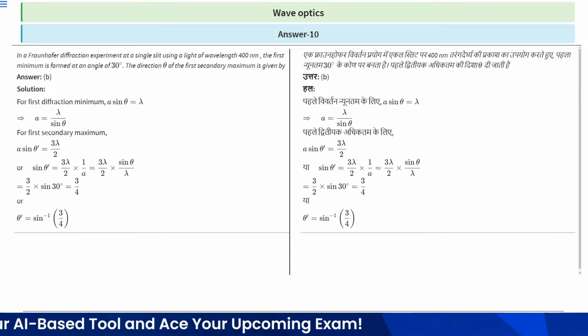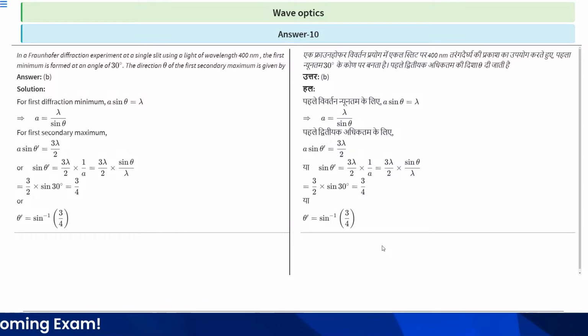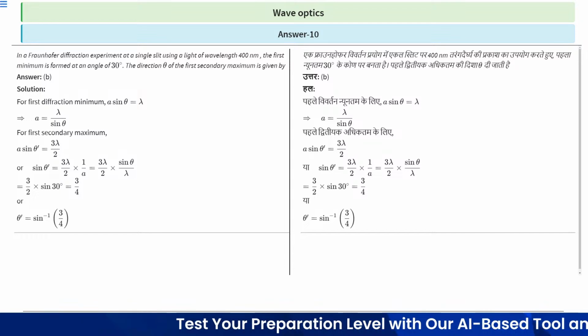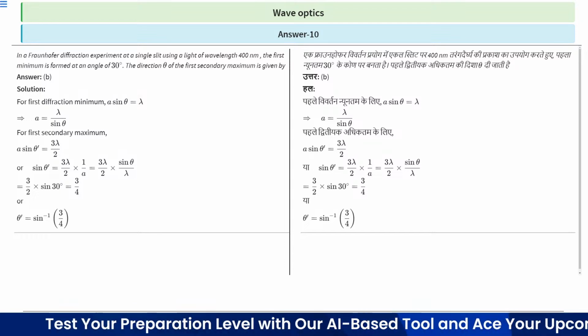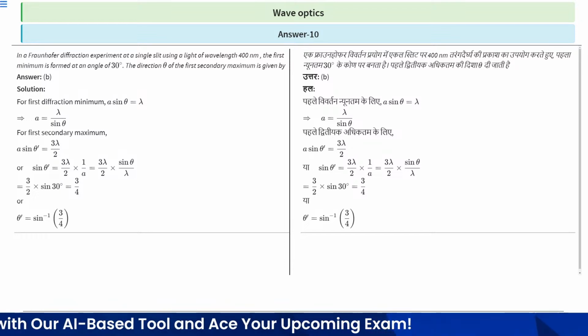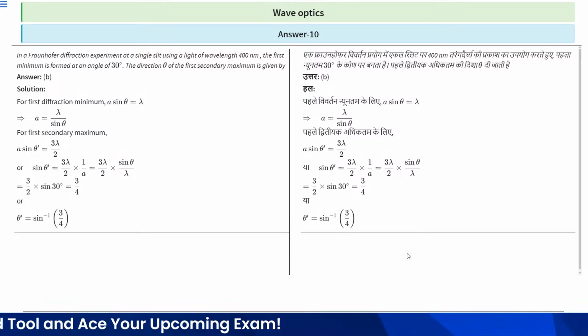So 3/2 multiplied by sin 30 degree, which is given in this question. After calculation, this is equal to 3/4. So θ' = sin inverse 3/4. Clear? Theta prime is equal to sin inverse 3/4. This is the correct answer, so the correct option is option B.